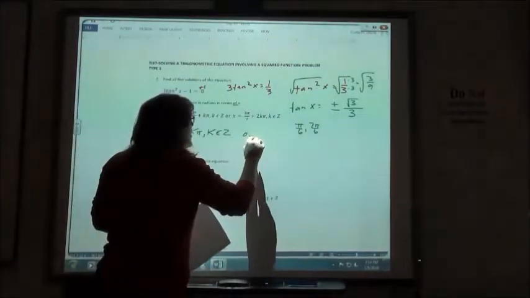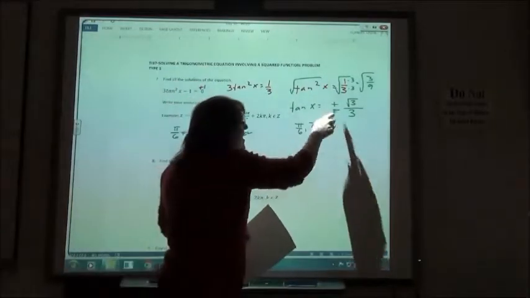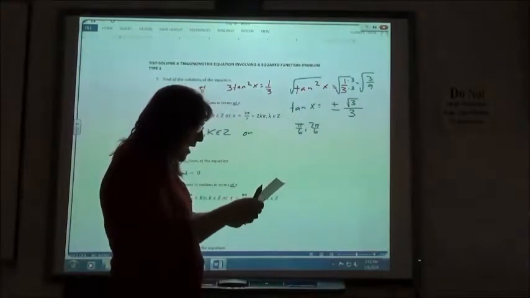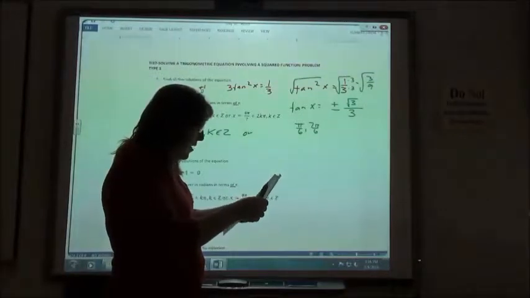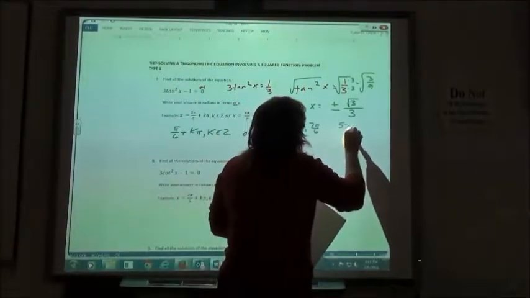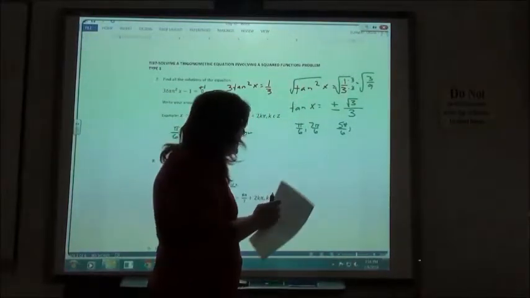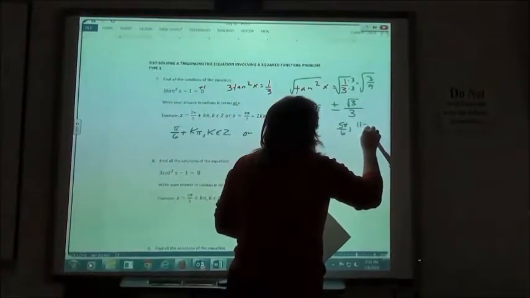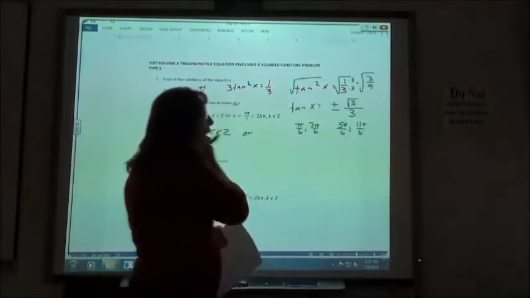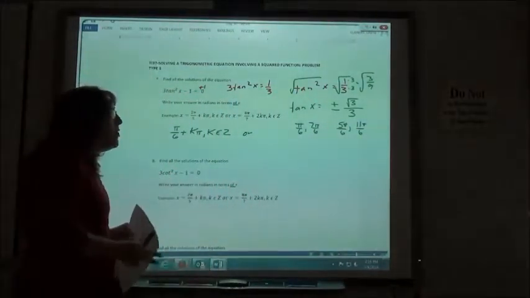I'm then going to connect it with the word or. Looking for the negative square root of 3 over 3, I have negative square root of 3 over 3 at 5 pi over 6. And then if I keep looking down, it is at 11 pi over 6. Again, those are 180 degrees or pi apart from each other.